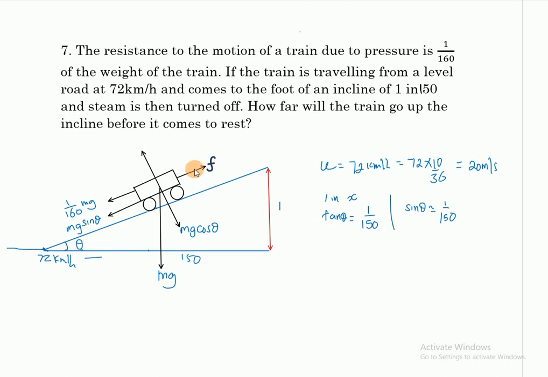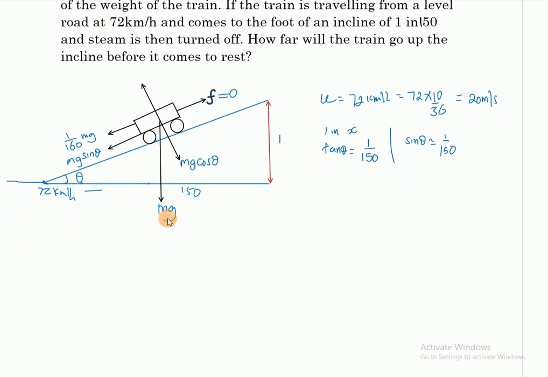The force pushing this train upwards is 0, since the engine is turned off. If you resolve along the incline, you get F minus the sum of these two equals ma.